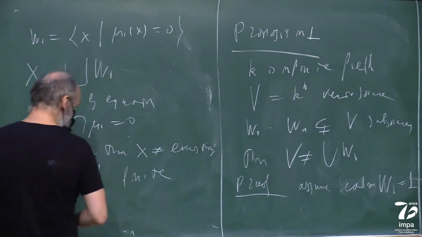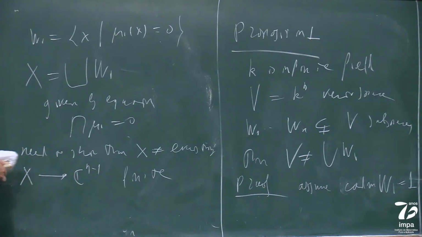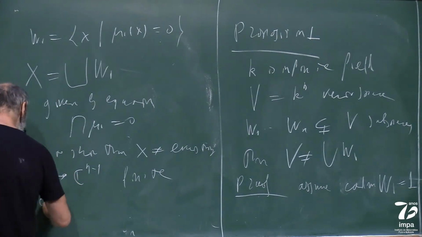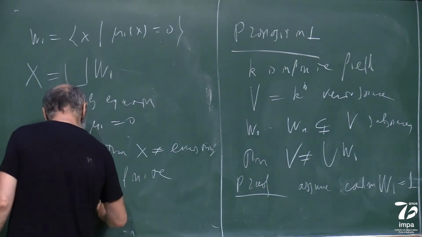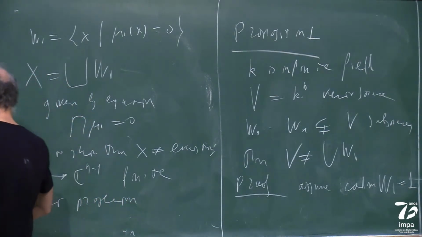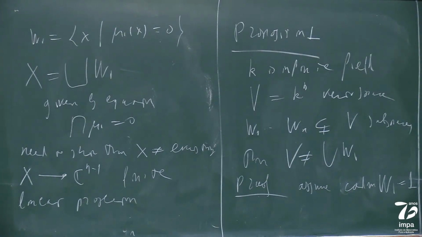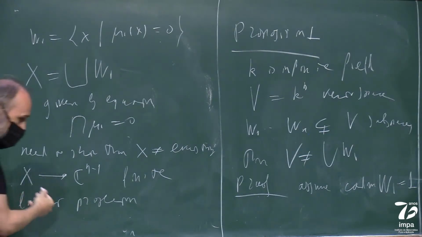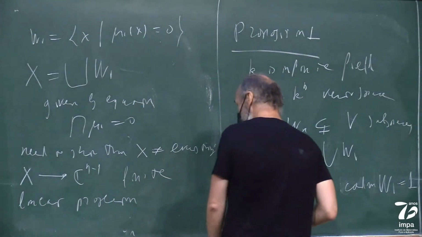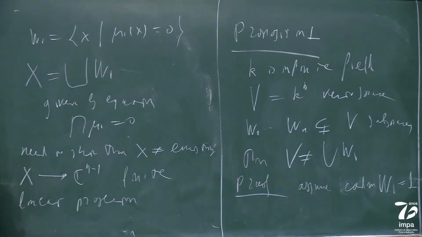Anyway, you still have this finite map. This is a linear projection. How to do it? For this particular example, you don't actually even need it. Since we are in that situation, what we need is a projection which is finite from Wi to C^(n-1).